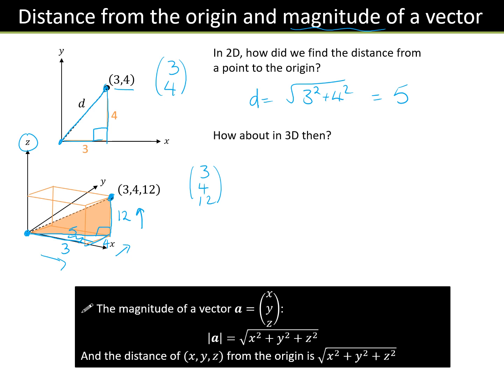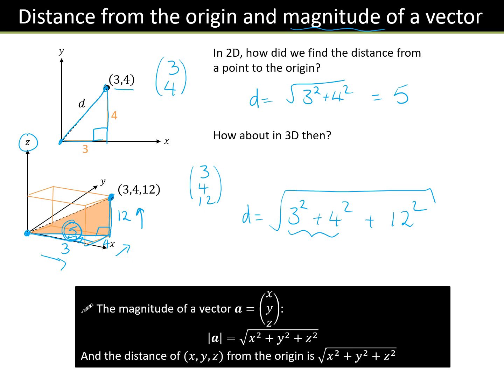But instead of doing it separately as the two triangles, the one on the base and the one that's upright, how did we get this 5? It was the 3 squared plus the 4 squared, and we're going to be squaring that again. So all you need to do, D is going to be 3 squared plus 4 squared plus the 12 squared, and then take the square root, because this will give you the 25, and we're going to be squaring that 5 to get the 25 to then put it with the 12.